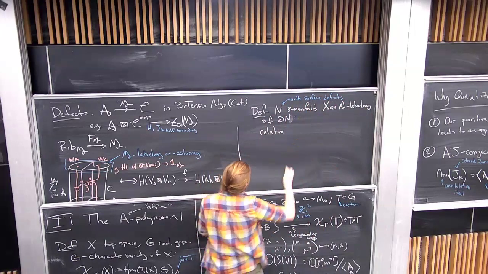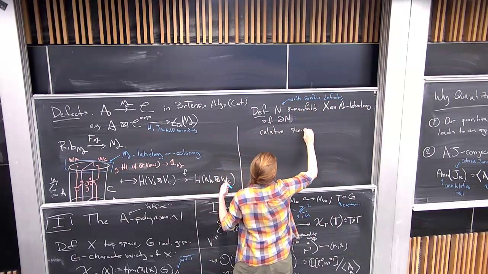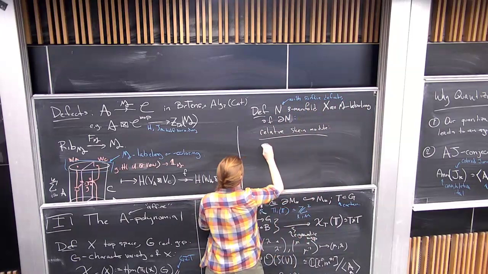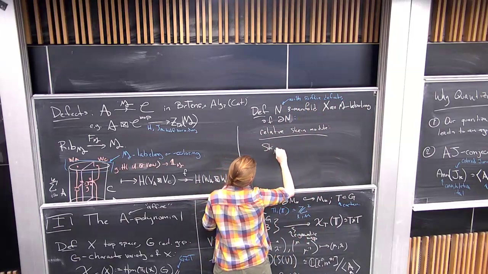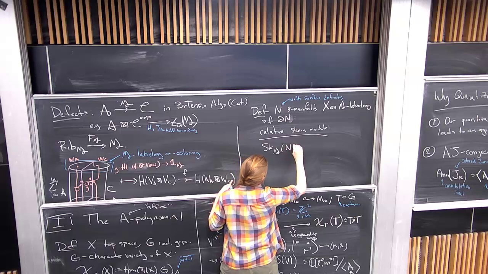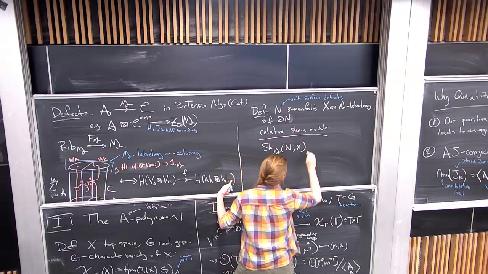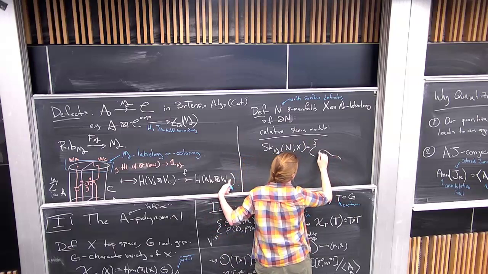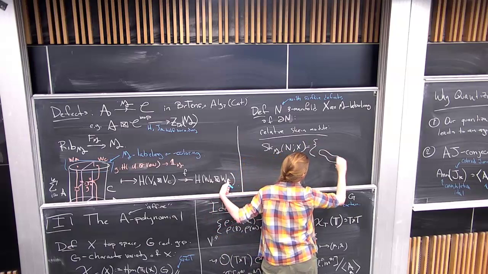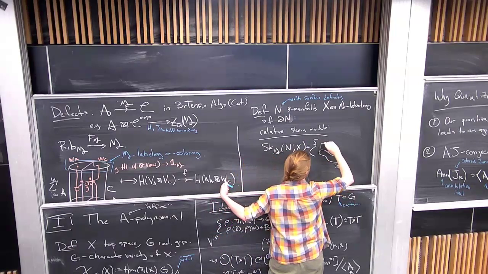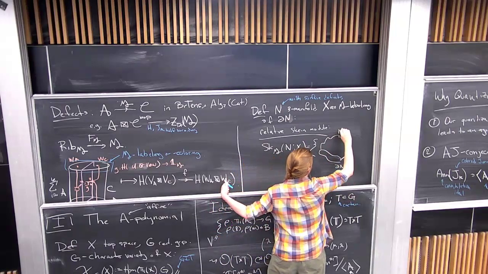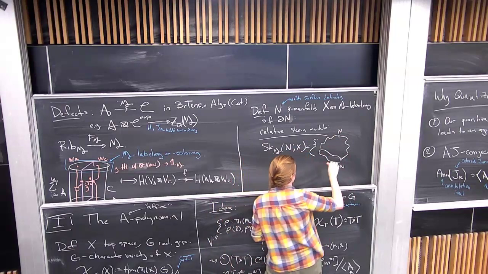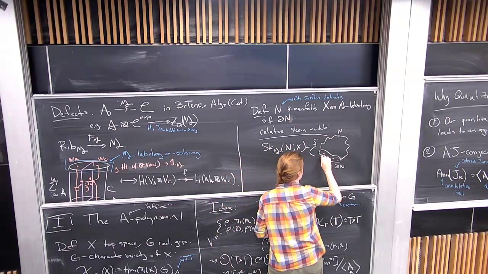So my relative skein module is going to be SK_M over X. And this is going to be the space of all, let's say this is the boundary of N, and N is something exciting up here, and I have X, a bunch of points.